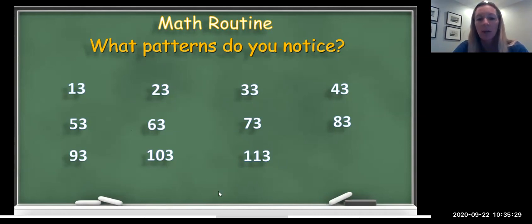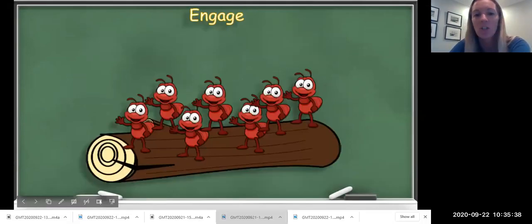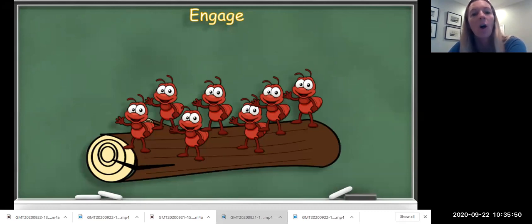Okay, so we're going to go ahead and engage. I want you guys to think about what you see on this log. So go ahead and pause me and talk about what you see. Okay, hopefully you guys might have said that I see 1, 2, 3, 4, 5, 6, 7 ants.